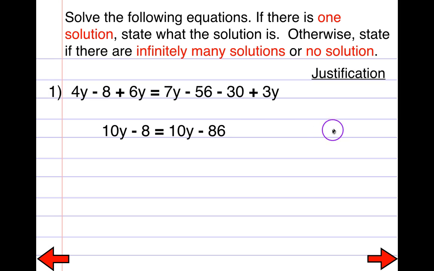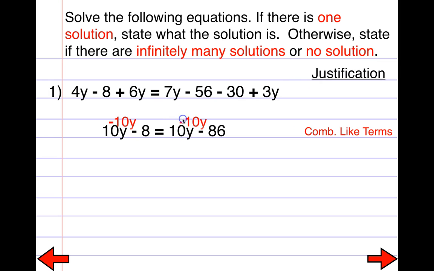Well, I got this step by combining like terms. Now, before we move on, I'm going to ask you to take a look at what we have right now: 10y minus 8 equals 10y minus 86. I want you to predict, do you think this is going to be one solution, infinitely many solutions, or no solution, and why? Well, let's go ahead and finish solving.